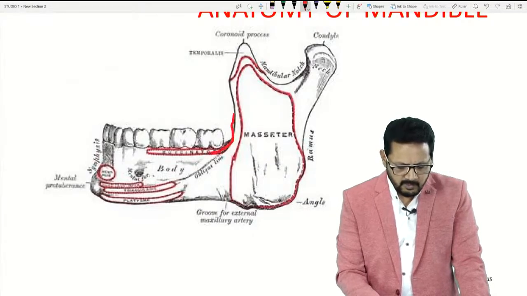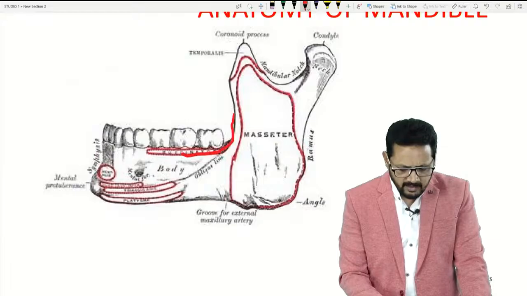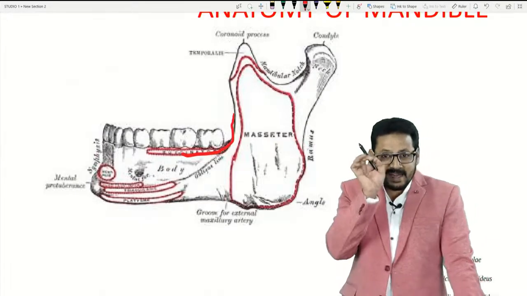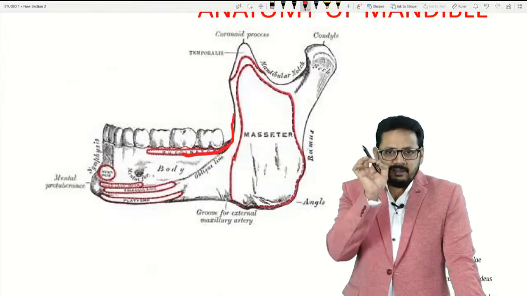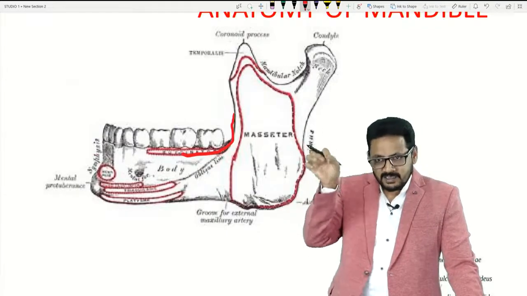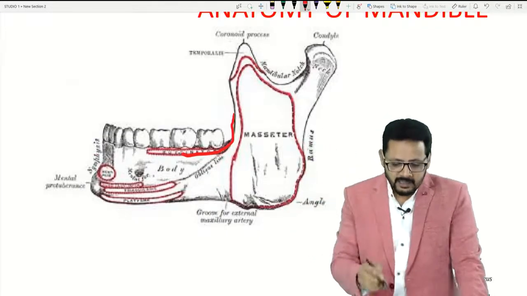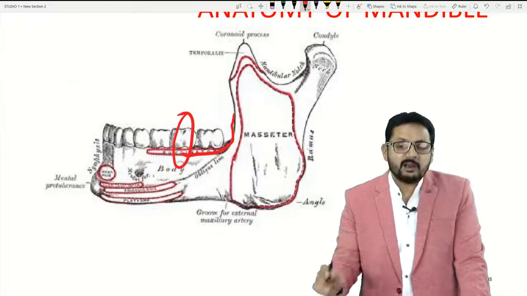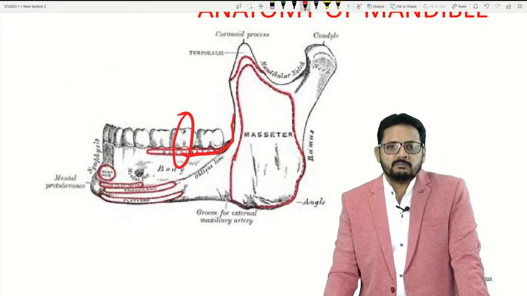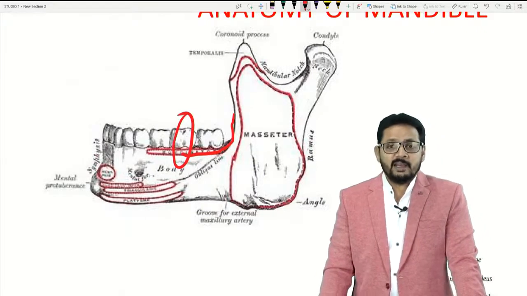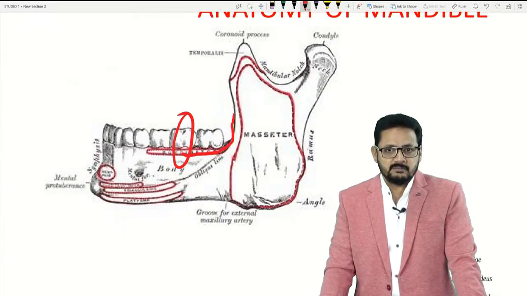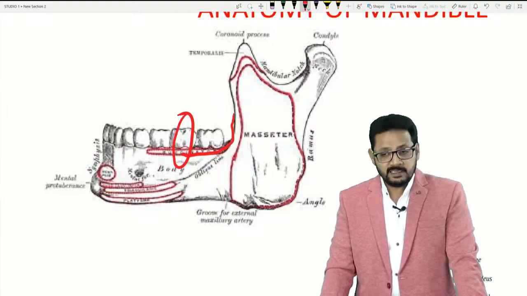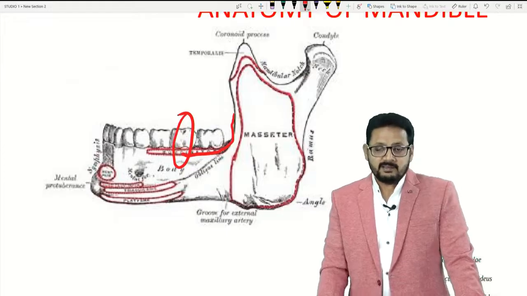Wherever your external oblique ridge ends will be the area of your second molar. 99.9% of the cases. And this I have done in my own practice.